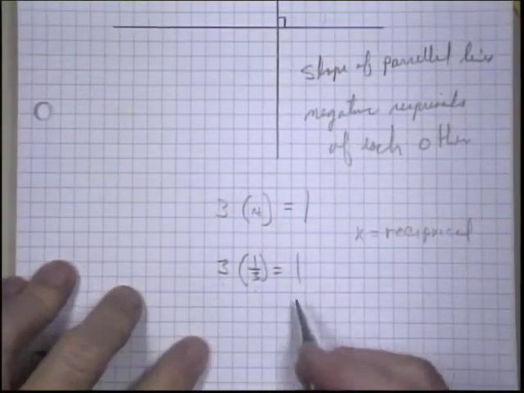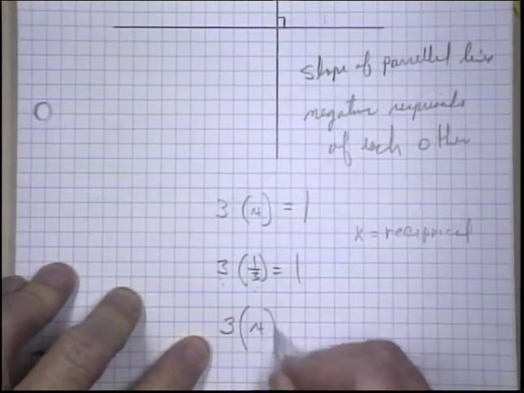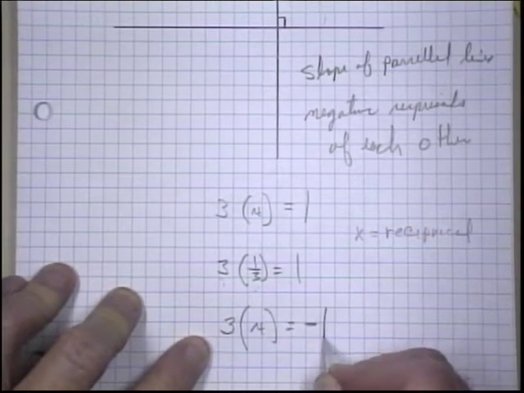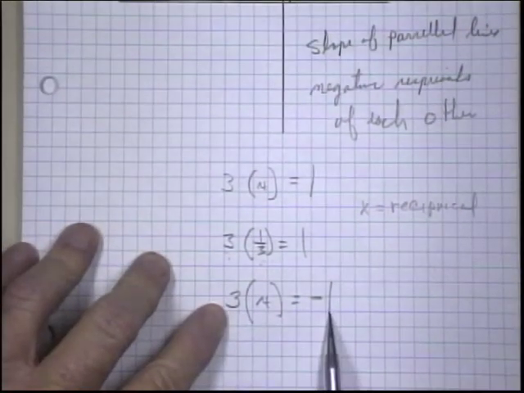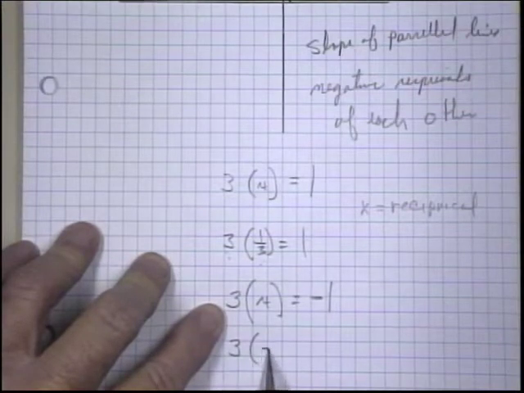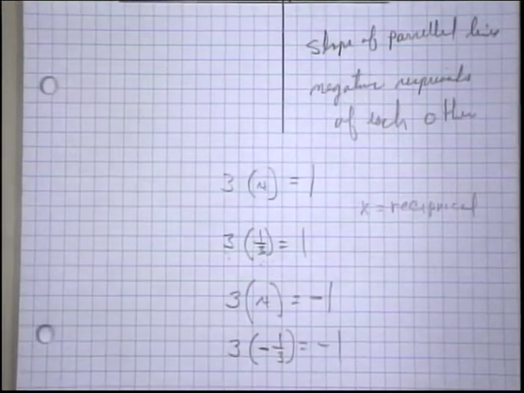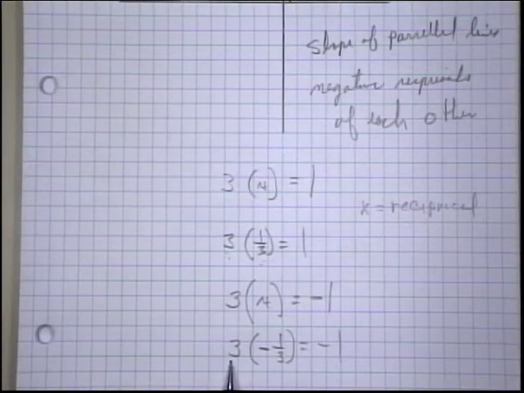A negative reciprocal would mean we'd multiply 3 by a number x that would give us -1. Well, what would x have to be to give us -1 if we multiplied it by 3? It would have to be -1/3. So -1/3 is the negative reciprocal of 3, or 3 is the negative reciprocal of -1/3, either way.